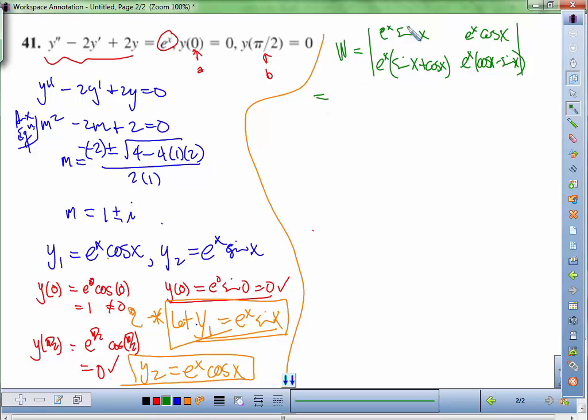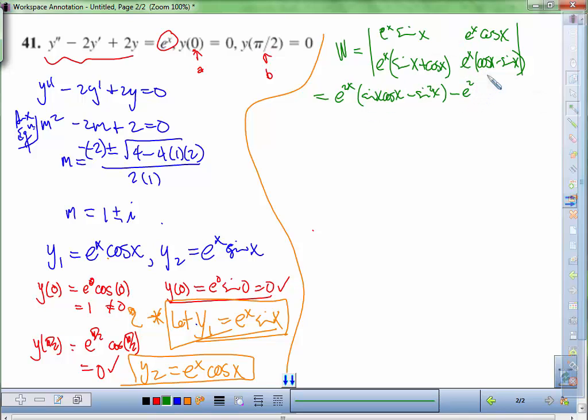So if we take the determinant, we have e to the 2x. We got sine and cosine minus sine squared. So that's a diagonal. The wings, we got e to the 2x again.